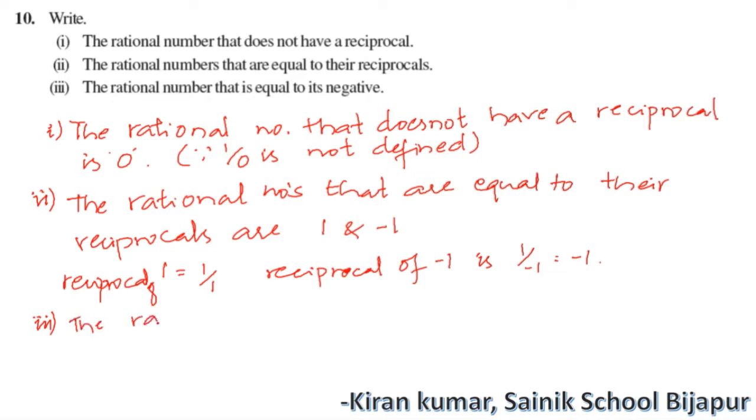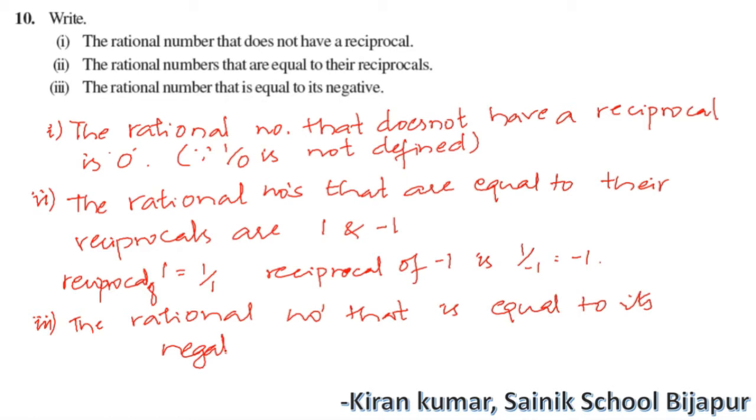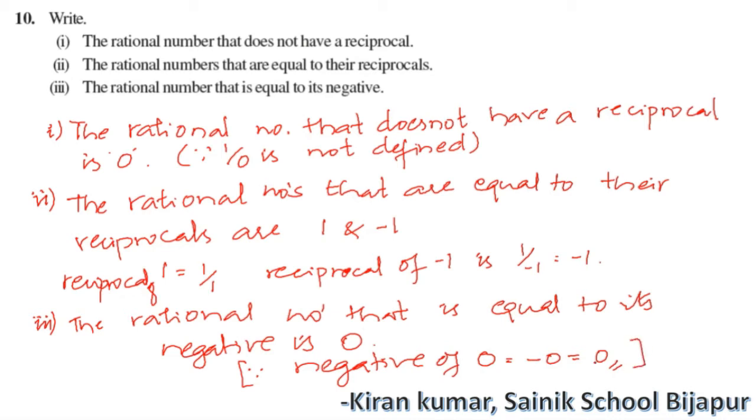The reason is the negative of 0 is minus 0, which is the same as 0, because we have learned that 0 is neither negative nor positive. When we consider minus 0, it is the same as 0.